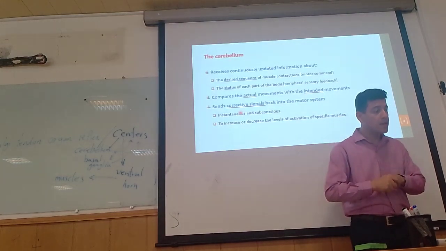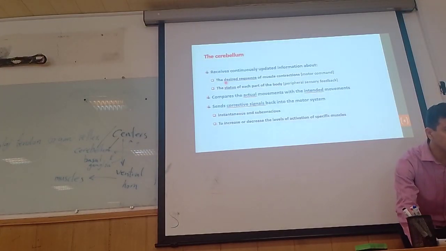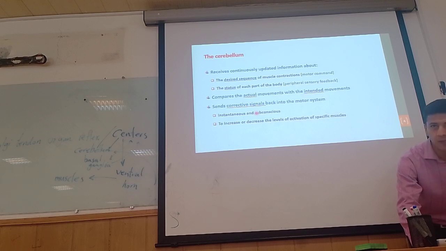Okay? So the cerebellum compares the actual movements with the intended movements. Then it sends corrective signals back to the motor system. These signals are instantaneous and subconscious. So we are not aware of these signals.